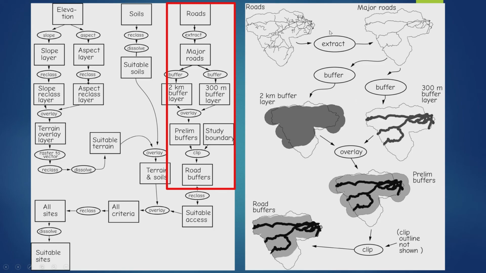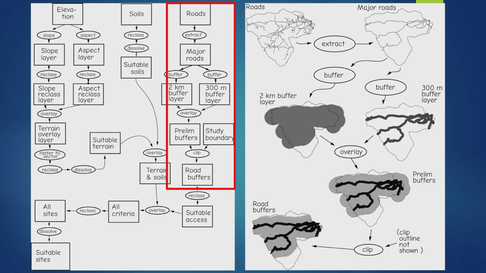Remember, what did this first one do? What's the difference between this layer and this layer, the roads and the major roads layer? I mean, you could probably just describe the difference by looking at it.